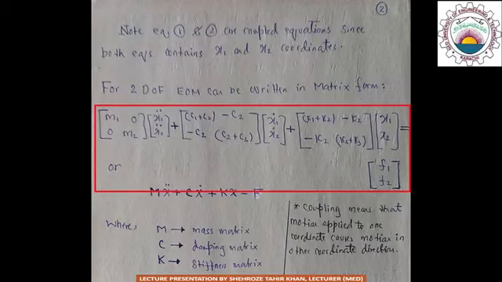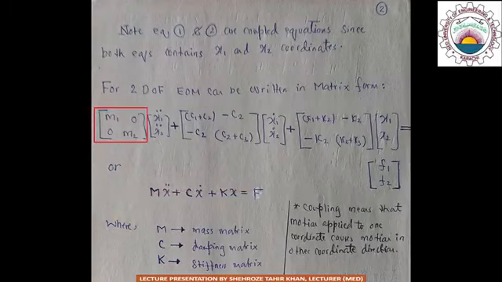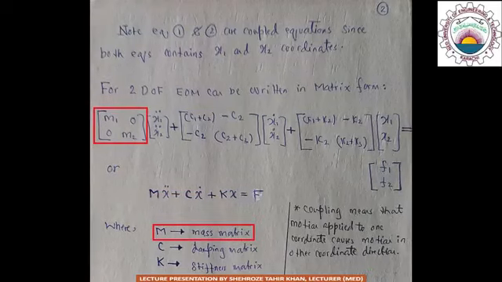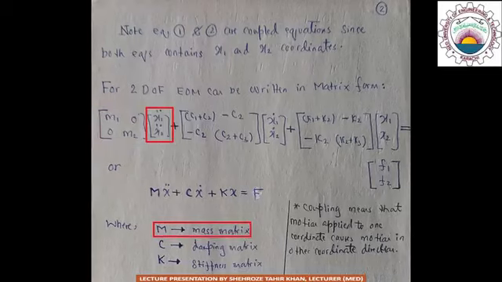[x1; x2] is equal to [F1; F2], where the matrix [m1 0; 0 m2] is called the mass matrix, and it is multiplied with the double derivative of the displacement matrix, or we may call it the acceleration matrix.